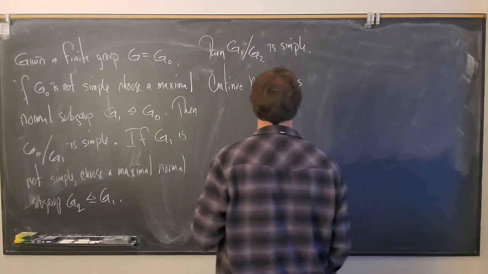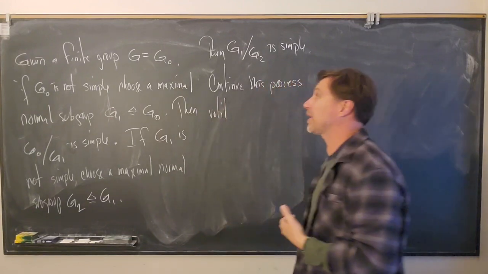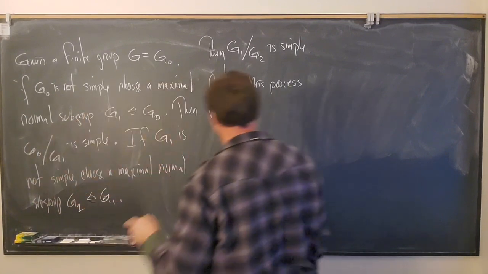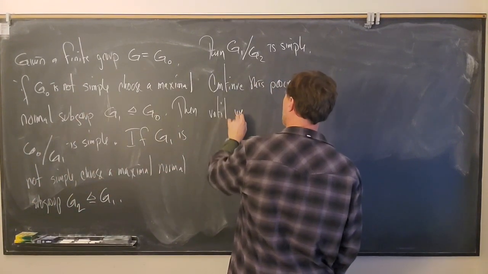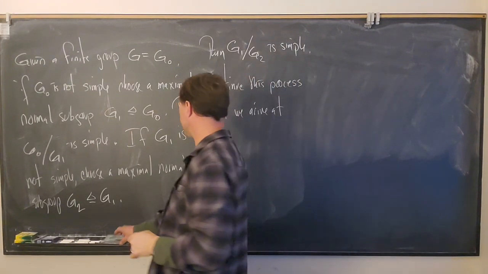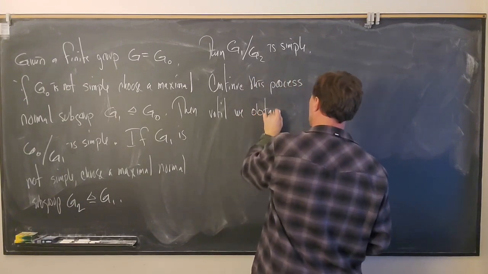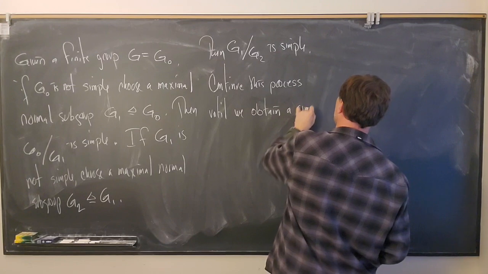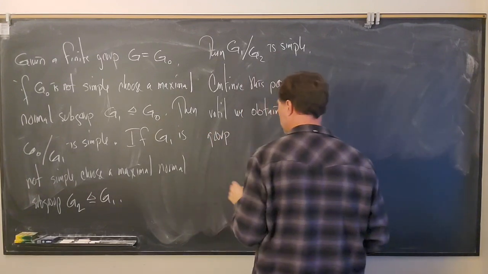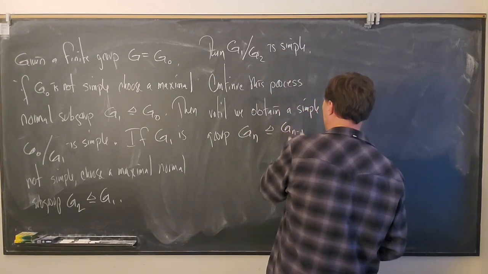We know that this process is going to terminate because G is finite, right? So continue until we obtain a simple group Gn, that would be normal in Gn minus 1.